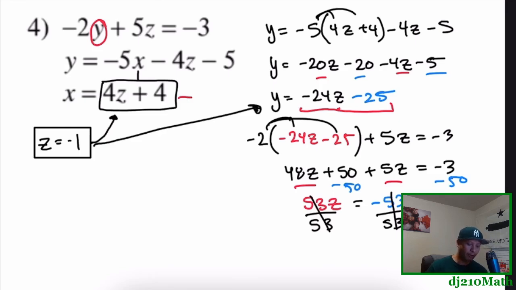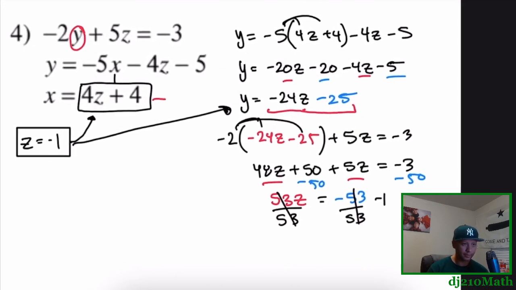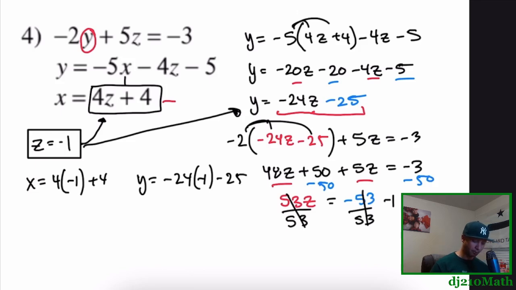So I can get x and y right now by plugging into these two equations. I need to glance up more. Okay, so x is equal to 4 times negative 1, plus 4. And then, just for grins, y is equal to negative 24 times negative 1, minus 25. Just knock them both out.